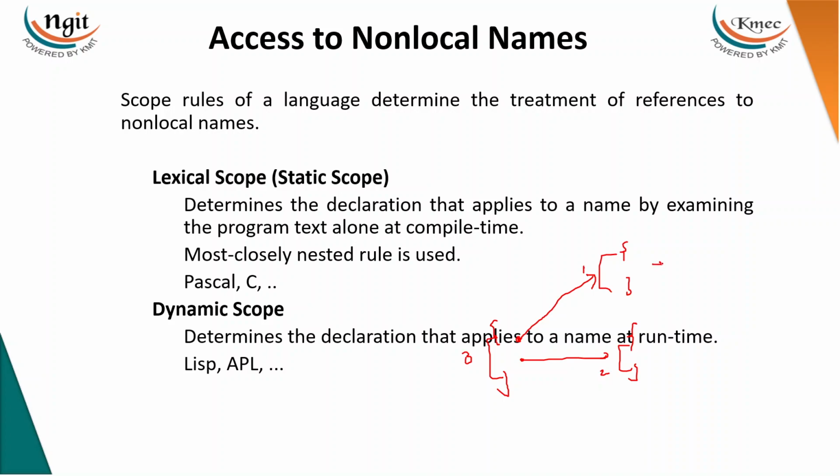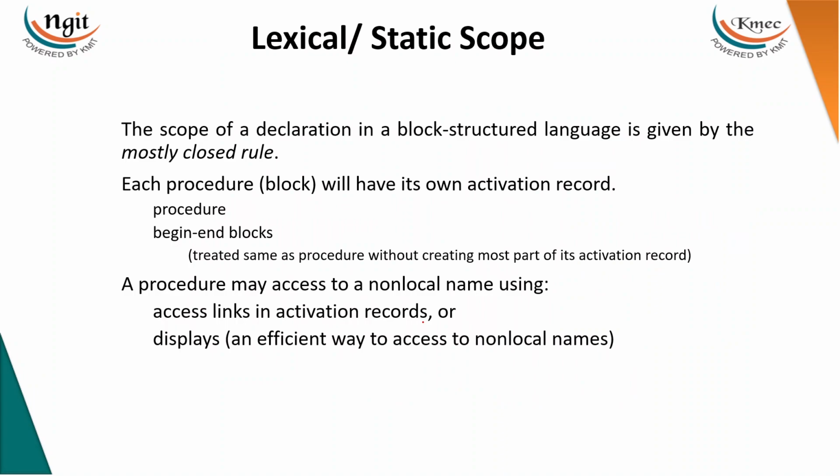If you access a variable, it searches locally; if not, it goes to its nearest parent; if not, it takes it from the caller. In dynamic scope we decide at the time of execution.